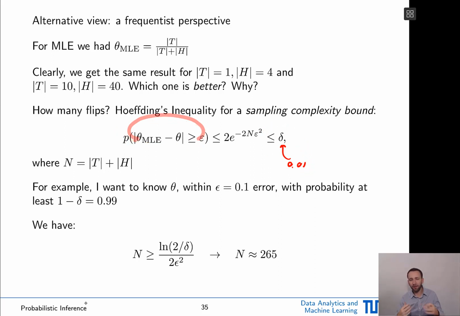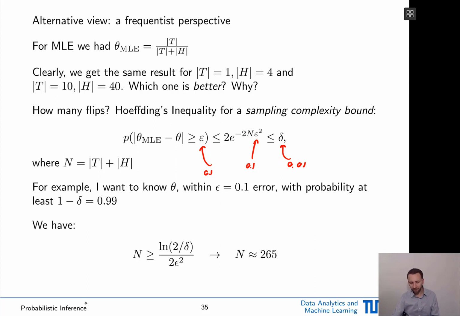Or put differently, the probability that we are close by the true value is at least 0.99, right? So having this value, we can now solve for n, okay? And given a specific error tolerance, right? So let's say here in this example, we want to be 0.1 off at most, right? So this should be 0.1. So we want to be 0.1 off at most with a specific probability.